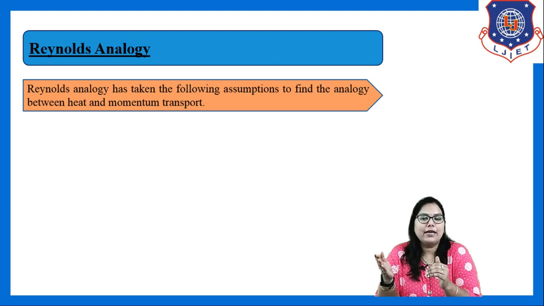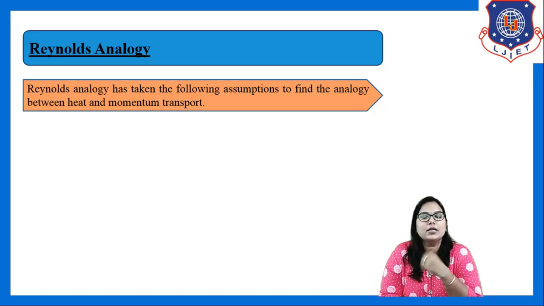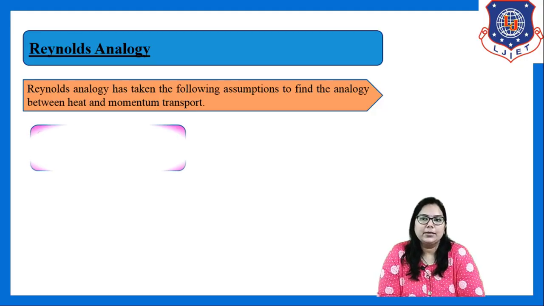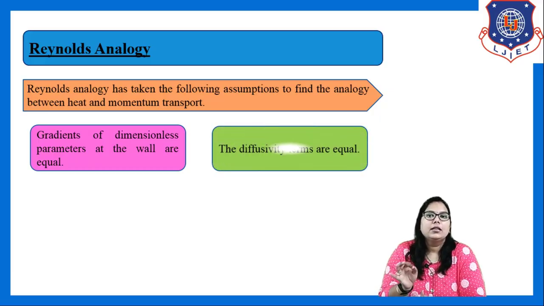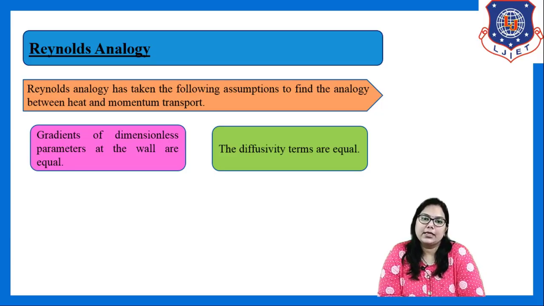Let's see what assumptions Reynolds has taken. The first assumption is that gradients of dimensionless parameter at the wall are equal. And the second assumption is that the diffusivity terms are equal.